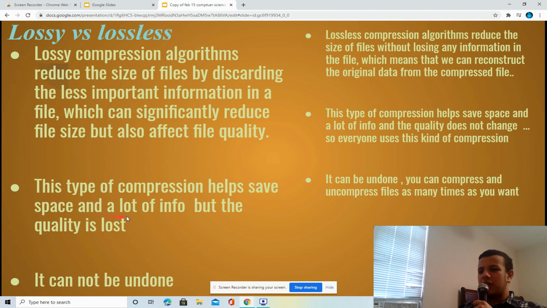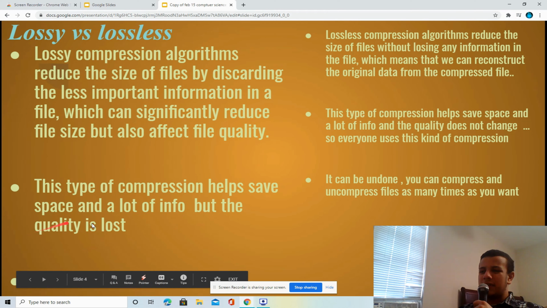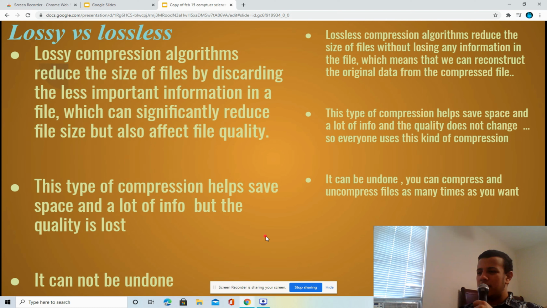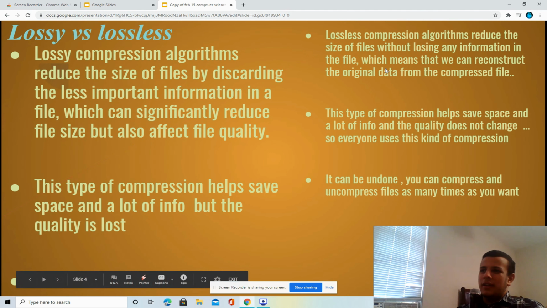This type of compression helps save a lot of space, but the quality is lost because we're getting rid of information, and it can't be undone, which is why people really don't like lossy compression.